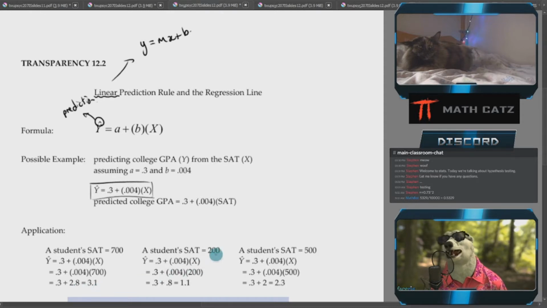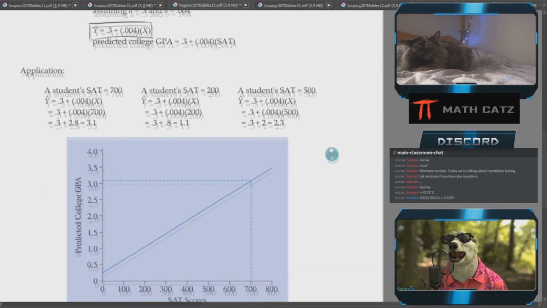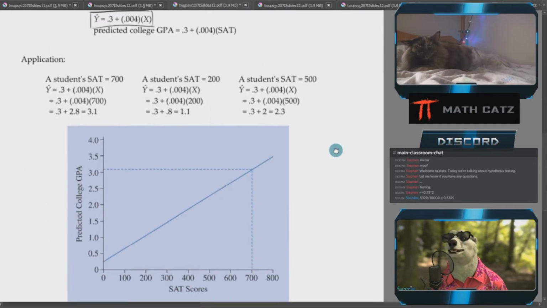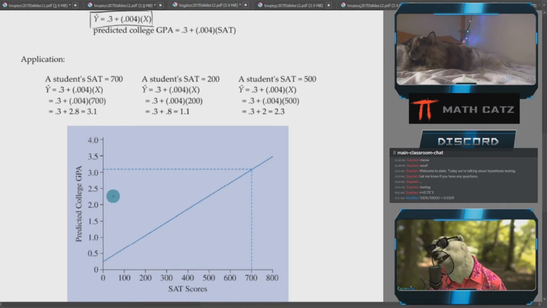Of course, that may or may not happen exactly like that. There is still variation here. SAT score of 200, plug it in, I get a predicted GPA, and so on. So I have my formula, which corresponds to some straight line that attempts to describe how I can use one variable to predict the other variable.